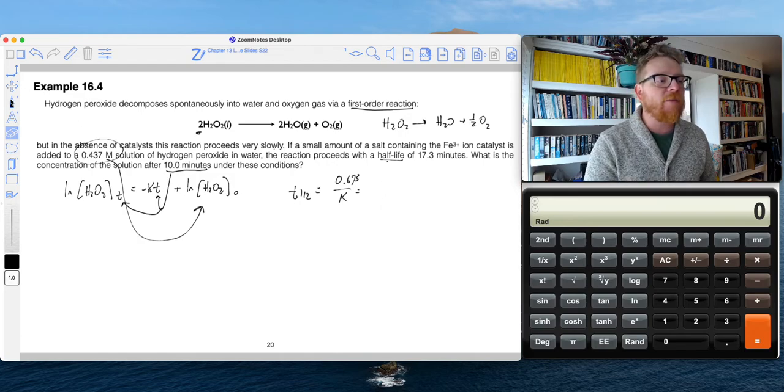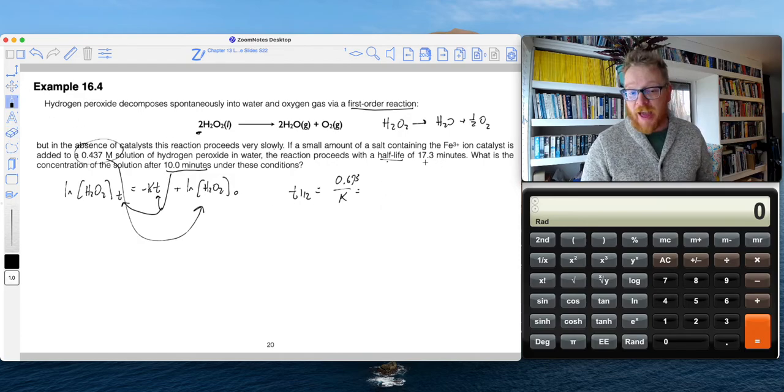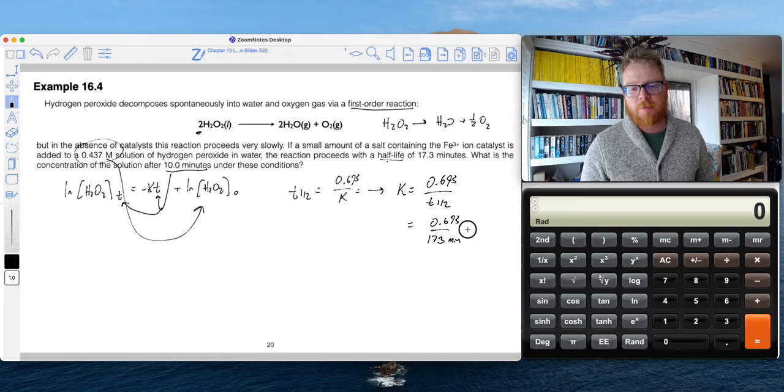So we were given the half-life. What we want is the rate constant. So we need to do some algebraic manipulation here and say now that k equals 0.693 divided by t1/2. Okay. So now that's all going to be 0.693 over 17.3 minutes.